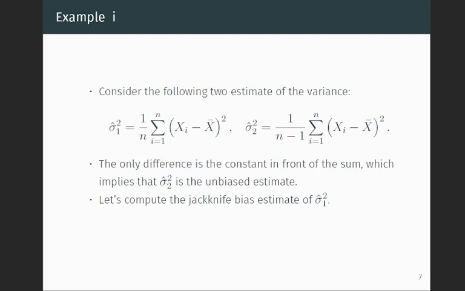And the main difference is that we divide by n minus 1. So the only difference is the constant in front of the sum. So we know that sigma hat squared 2 is unbiased. We know that the one on the left, sigma hat squared 1, is biased. So let's use Jackknife to compute the bias, or estimate the bias. So we'll use the formula.